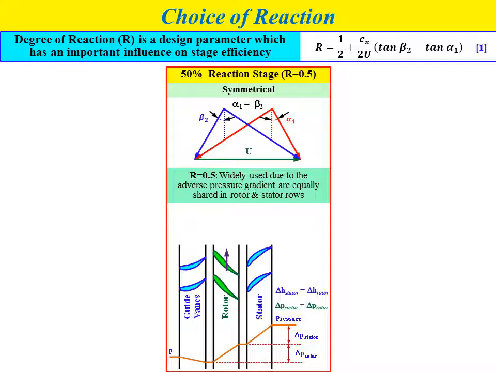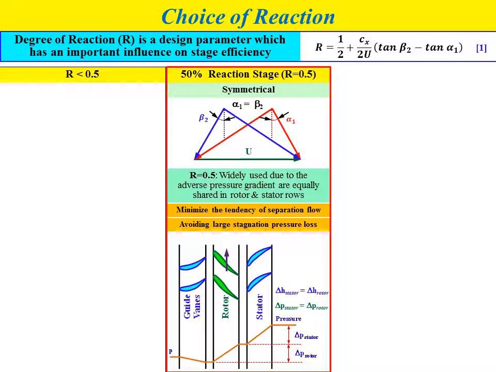So for this degree of reaction equal to 0.5, the pressure and also the enthalpy difference are equally shared in the rotor and also stator rows. The condition for R equal to 0.5 will minimize the tendency of flow separation and also avoid large stagnation pressure loss. So probably this value of R equal to 0.5 will give us the optimum efficiency of the axial flow compressor.